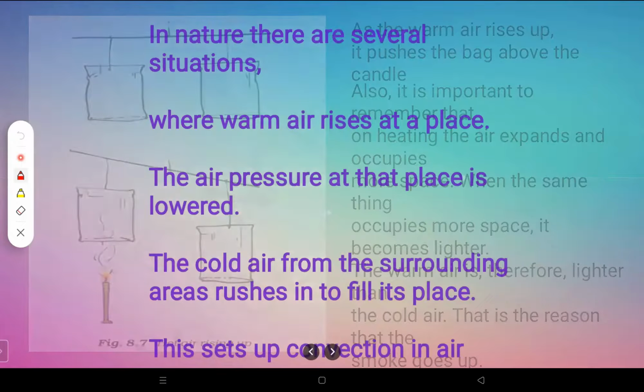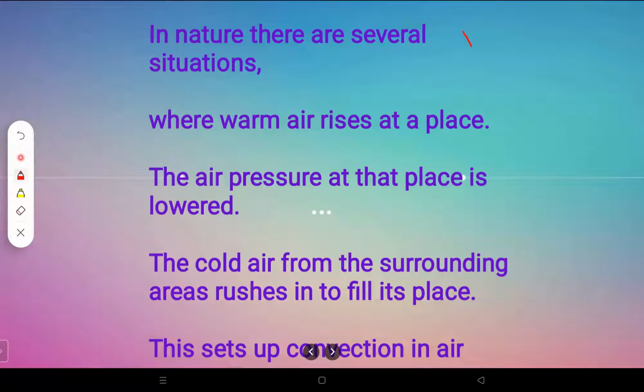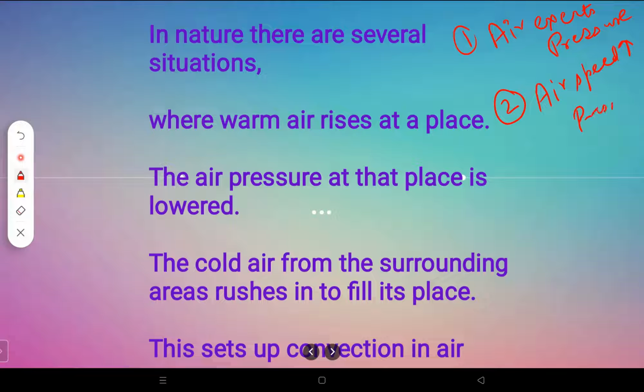One is air exerts pressure. Second is if air speed is high, the pressure will be low.